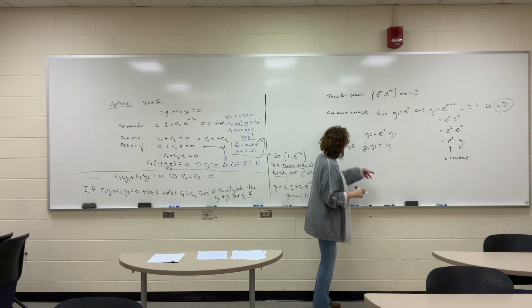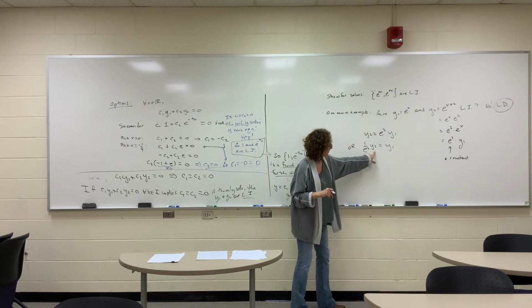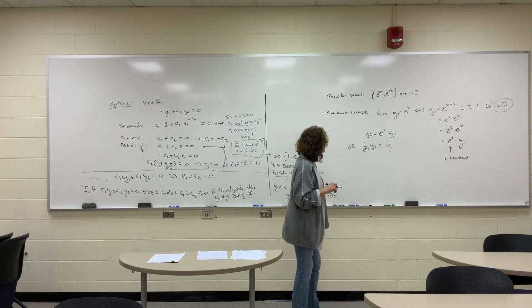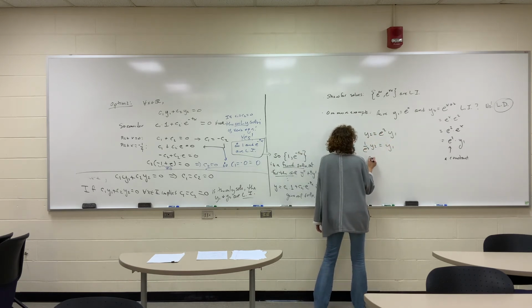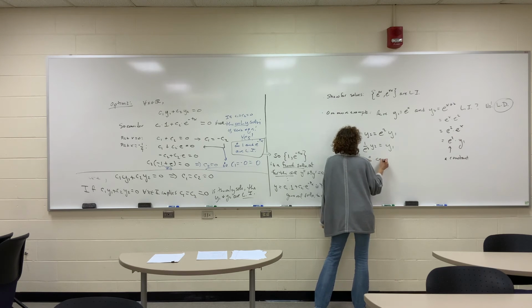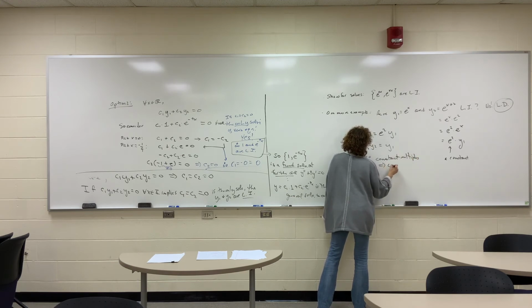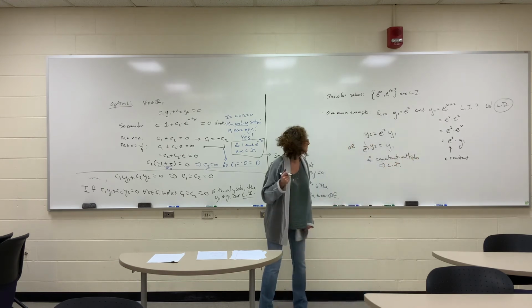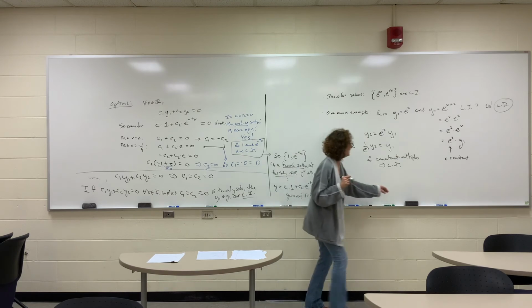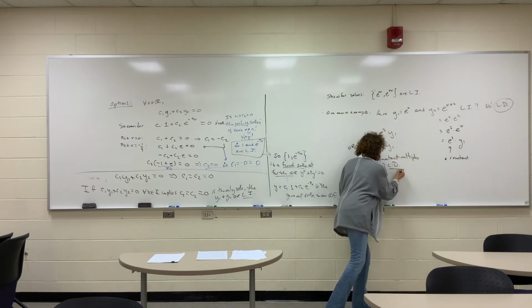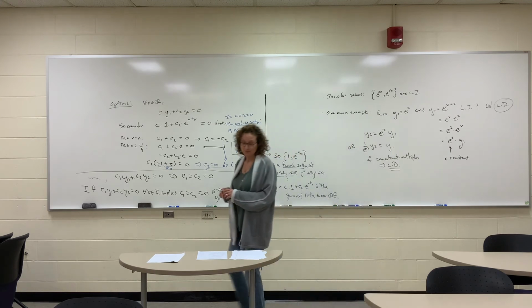So y1 is a constant multiple of y2, or y2 is a constant multiple of y1, either way, okay? Constant multiples, they are linearly independent, okay? Oh, sorry, linearly dependent, whoops. Constant multiples, they are linearly dependent.